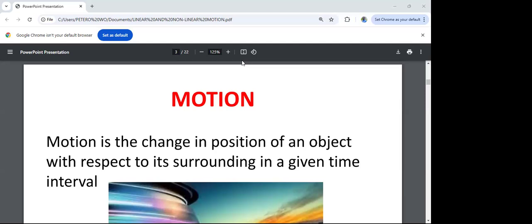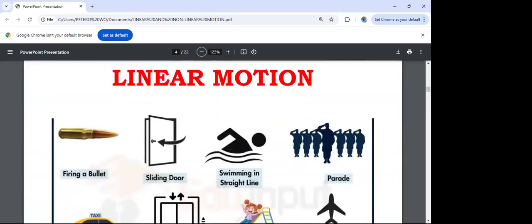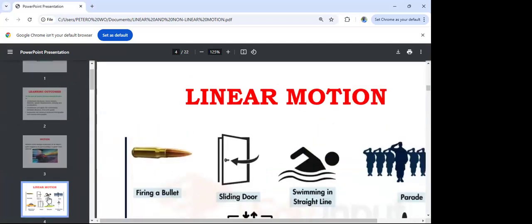So if there is change in position of any object with respect to what is surrounding you in a given time interval, then that is motion. And under motion, like the topic says, we have linear and non-linear motion.